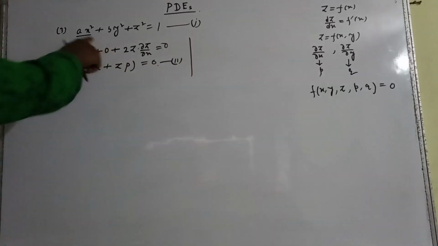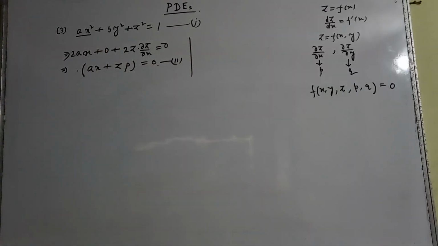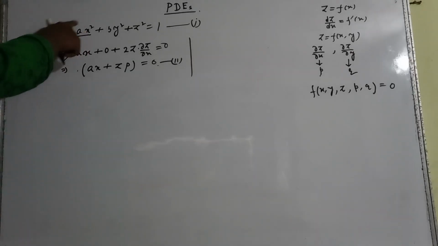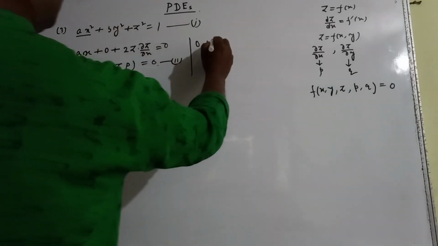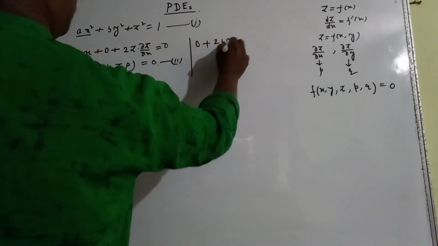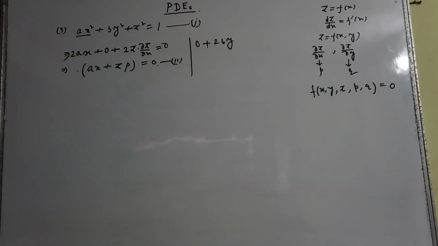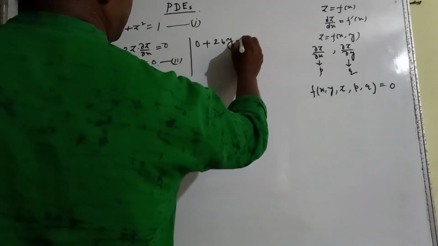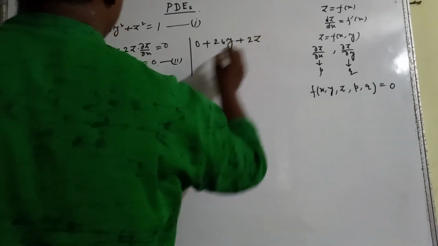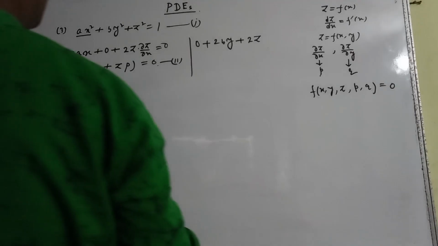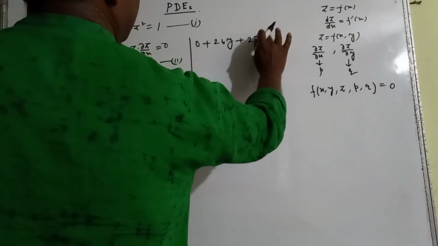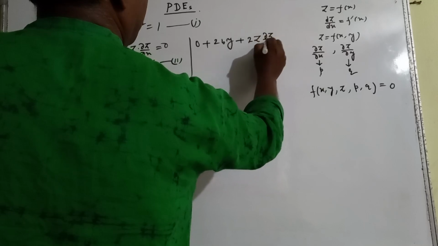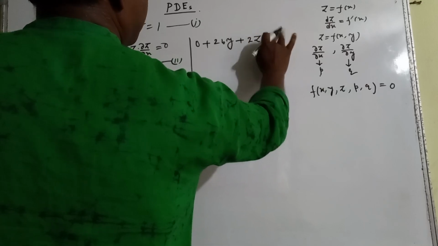When we differentiate this partially with respect to y, the ax square term is constant, so it will be 0. Plus the derivative of by square is 2by, and for z square the derivative is 2z times del z del y, which means q.